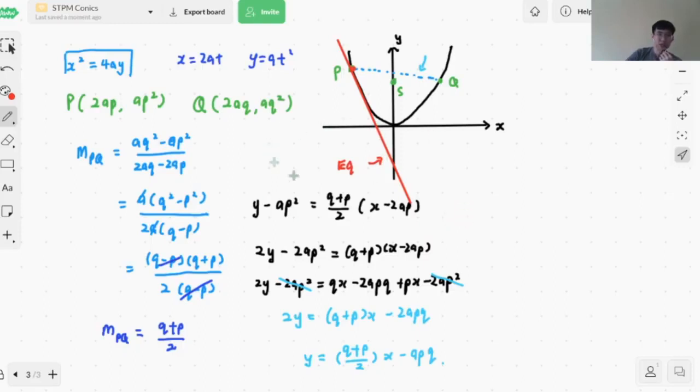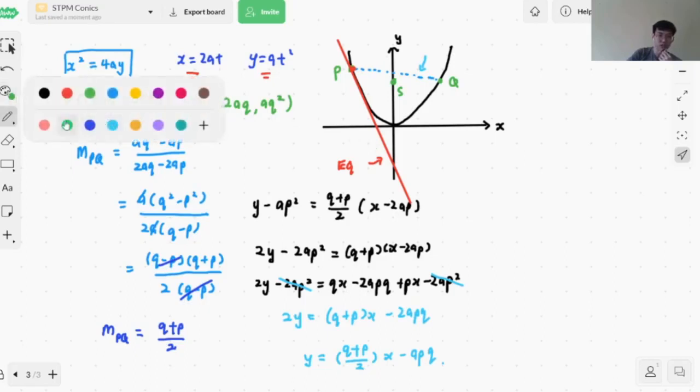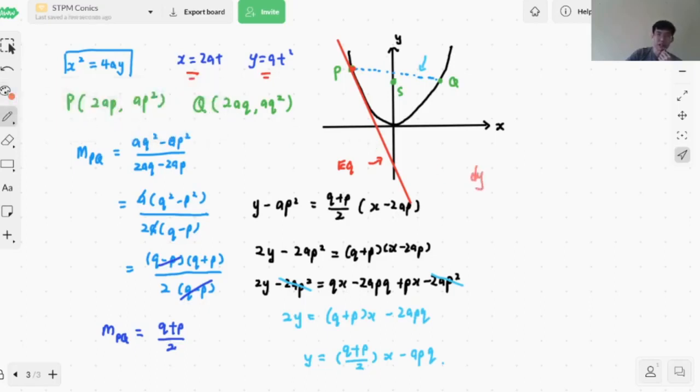Like what I said, this is the equation of x and y. In order to find the gradient of the tangent, you always find dy/dx, and to find dy/dx you need some skill from differentiation. As I know, x equals 2at and y equals at squared. From here, dx/dt gives 2a, and dy/dt gives 2at.